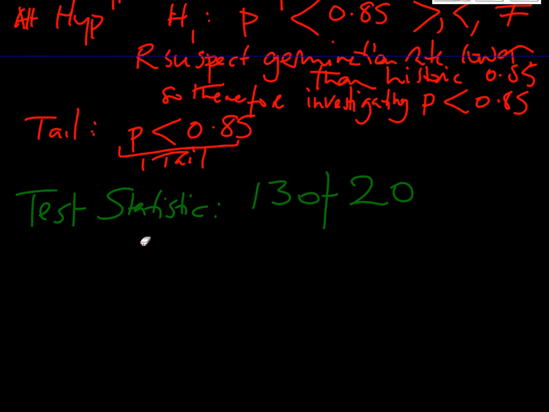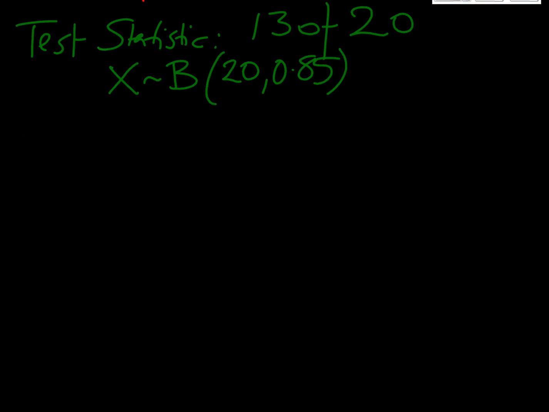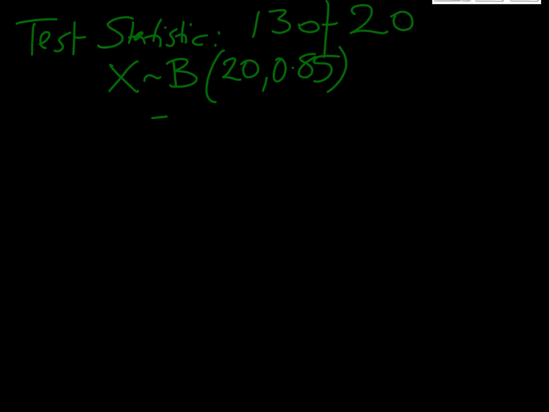We also know that we're looking at a binomial here, don't we? So the binomial in the trials was 20, and the probability we're using comes from our null hypothesis, 0.85. What we'd be interested in is looking at our actual test statistic compared to what we expected. So let's just move up and have a look at that. What's our expected value?